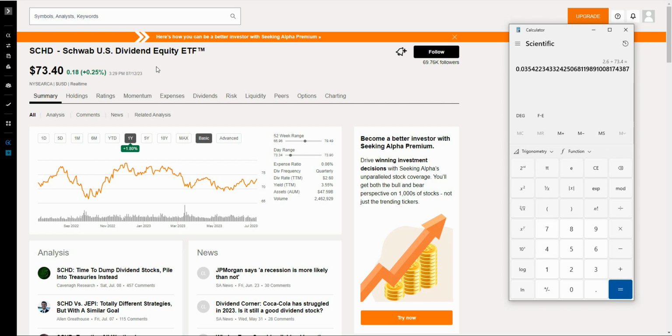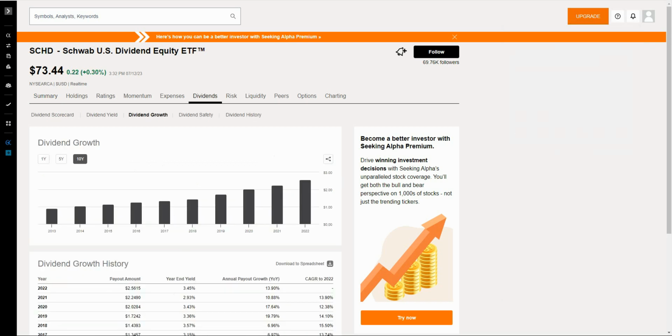So you get a current yield of 3.5% roughly. So when it comes to dividend yield, what that number is looking at is just the 12-month trailing dividends divided by the current stock price. It's just a snapshot of what that dividend is paying currently as compared to the fund's or stock's current price.